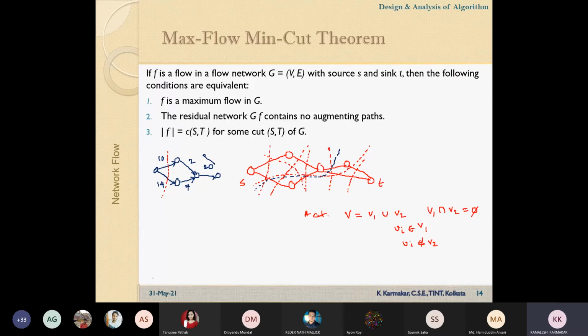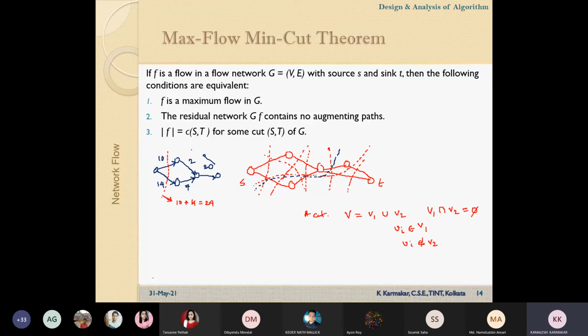The edges which are cut by this line give the maximum flow we can achieve through this cut. So through this cut, the value is 10 plus 14, which is 24.